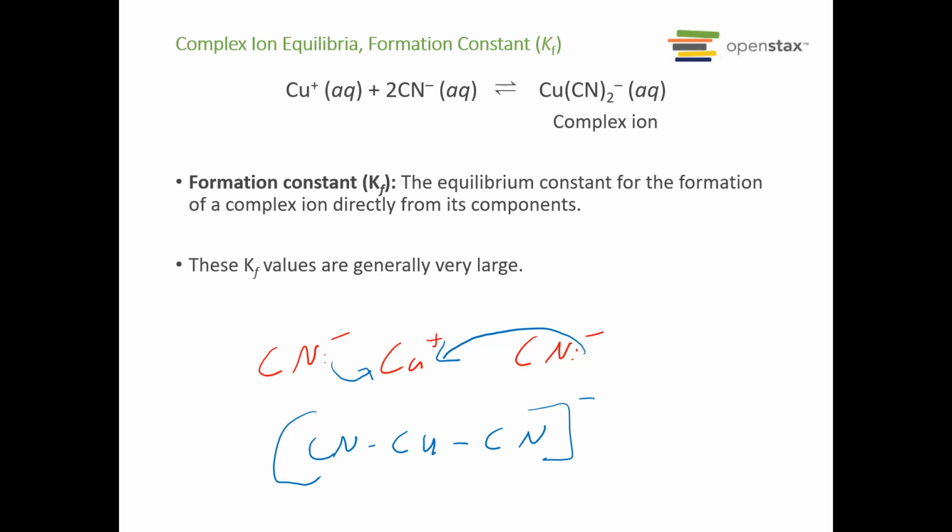on our complex ion. So if we look at the equilibrium constant for that to happen, so remember the way we write equilibrium constants is products over reactants. So that would be the complex ion over copper and the cyanide.